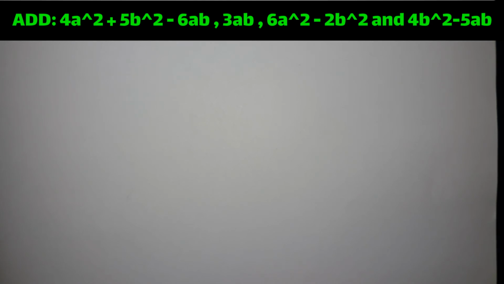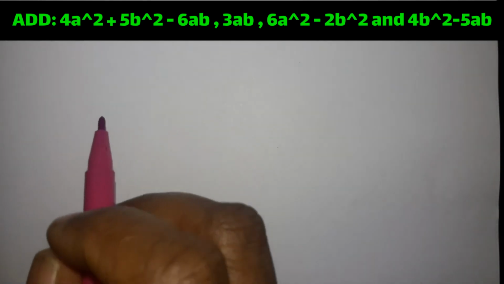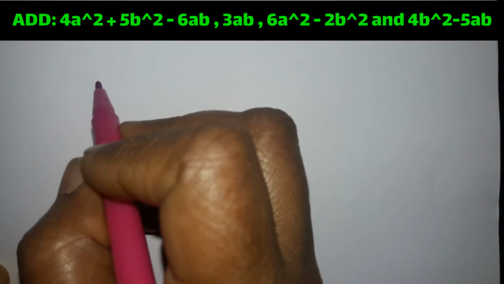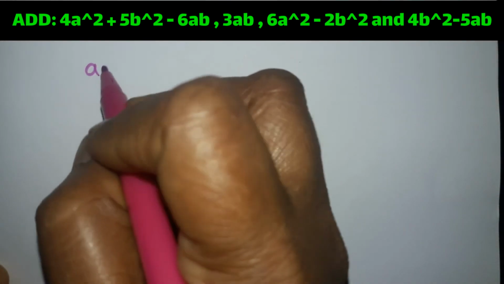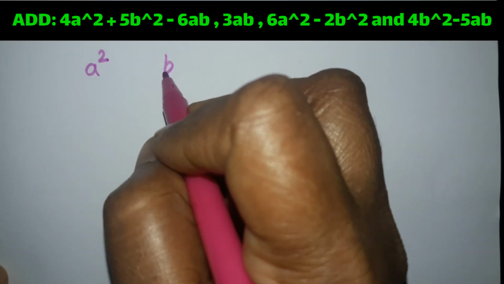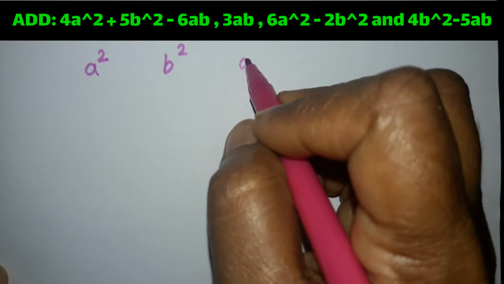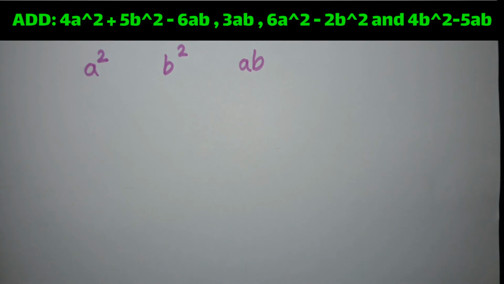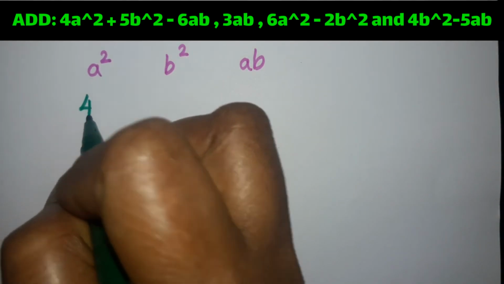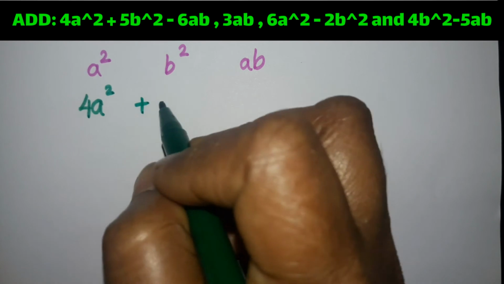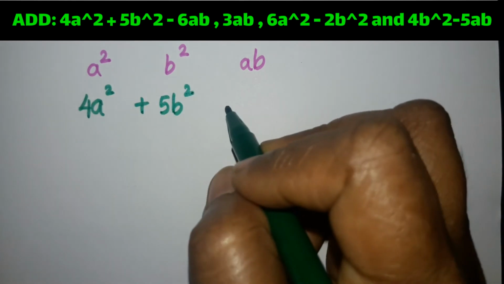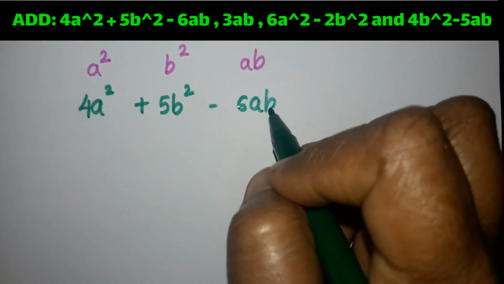4a square plus 5b square minus 6ab, 3ab, and we have 6a square minus 2b square and 4b square minus 5ab. So what we are going to do, we have a square term, we have b square term, and we have ab term. So first equation is 4a square plus 5b square minus 6ab.